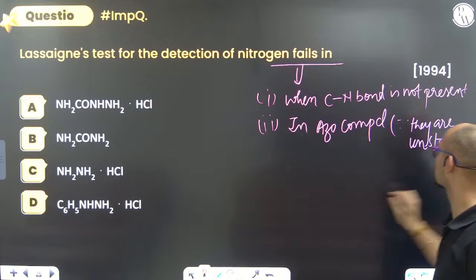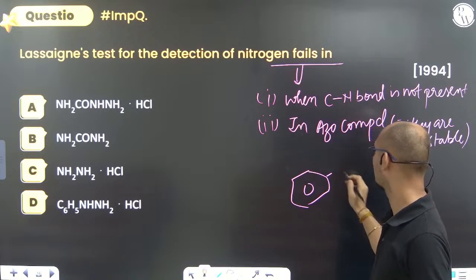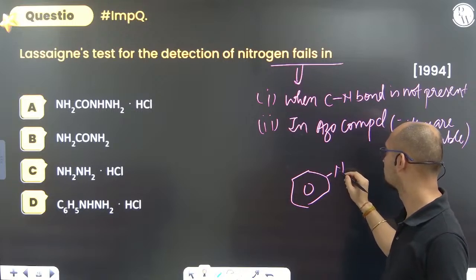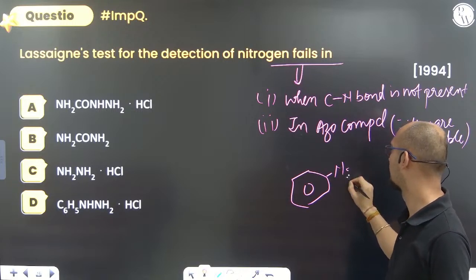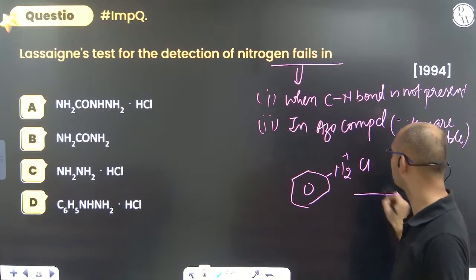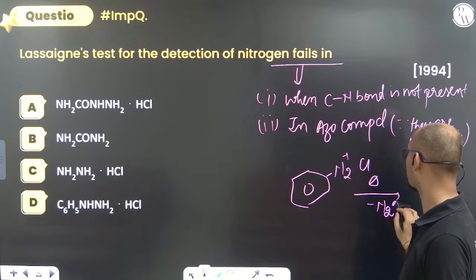So consider there is an azo compound, consider this N2Cl is there. Consider R N2+ Cl-, something like this. Now in this azo compound, if you just heat it, what will happen? Whatever nitrogen is there, in the form of nitrogen gas, it will be removed.